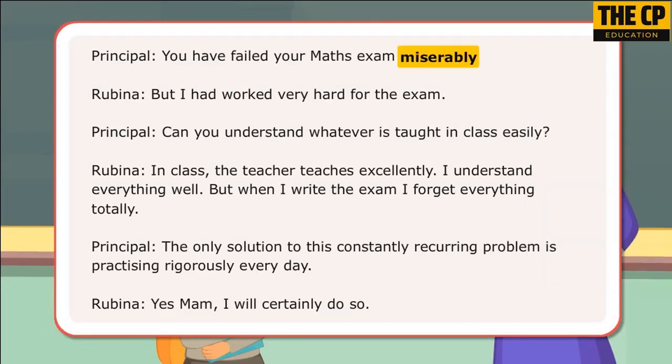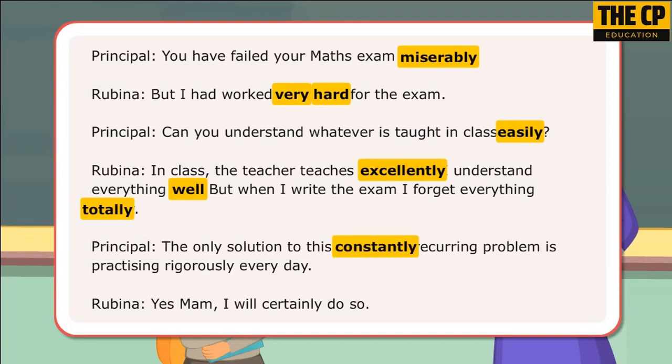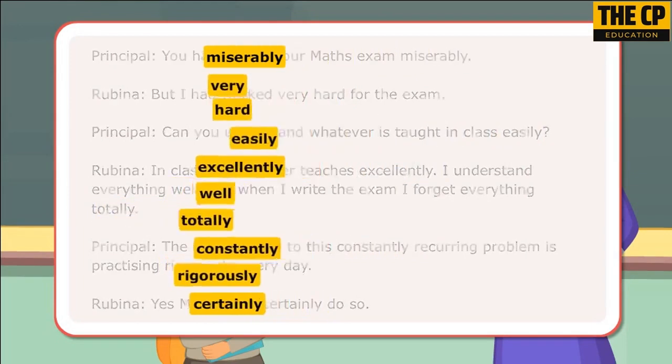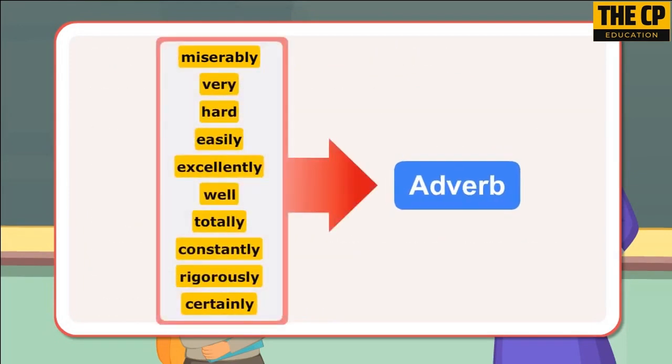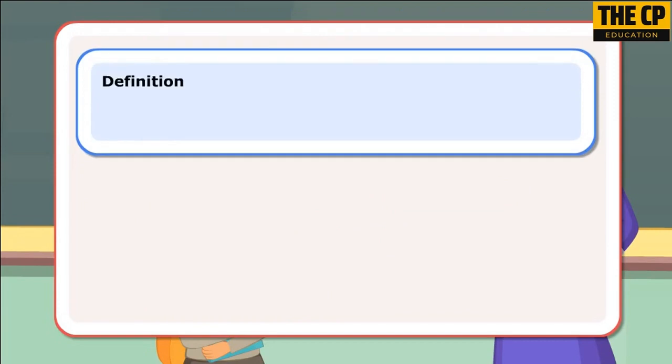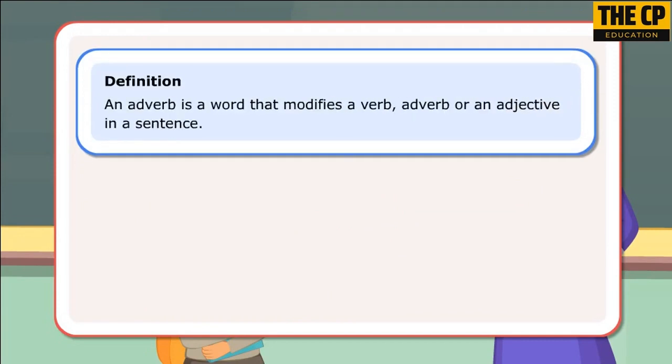The words miserably, very, hard, easily, excellently, well, totally, constantly, rigorously, certainly are examples of adverbs. Definition. An adverb is a word that modifies a verb, adverb, or an adjective in a sentence.